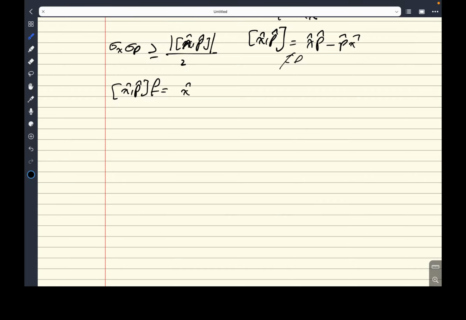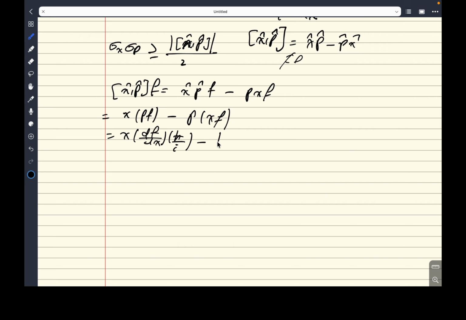So it's gonna be x p f minus p x f. This is gonna be x times pf minus p times xf. So this is gonna be df dx times h bar divided by i, minus h bar divided by i times, if we use the product rule, x df dx plus f dx/dx.